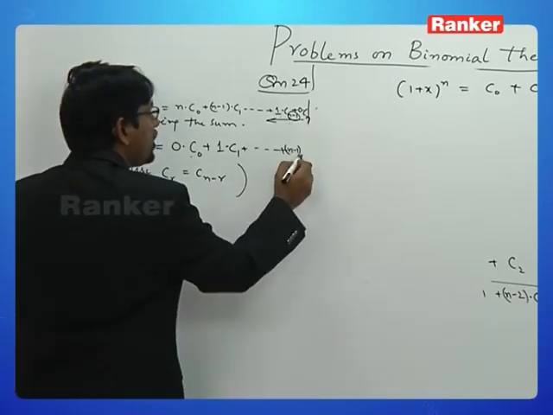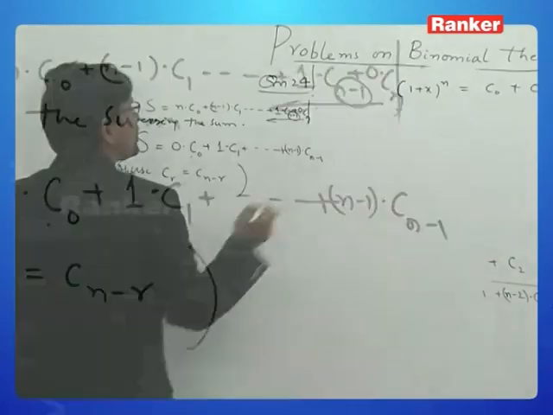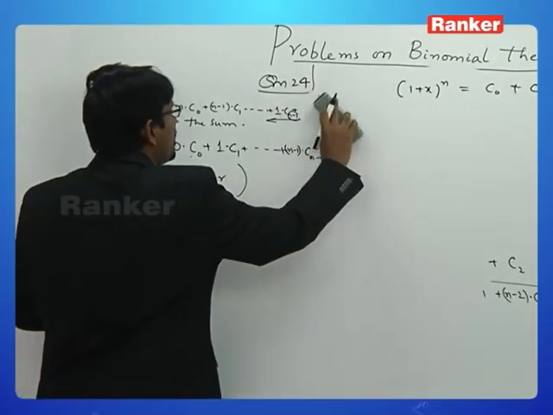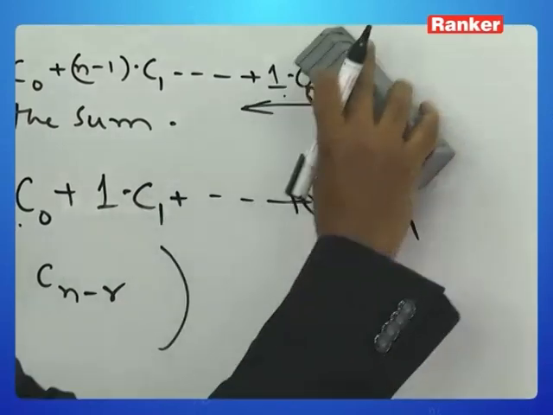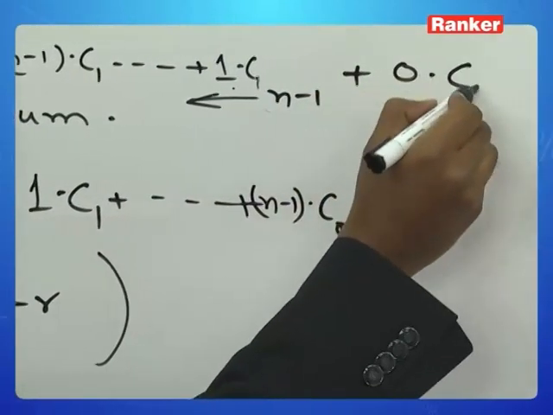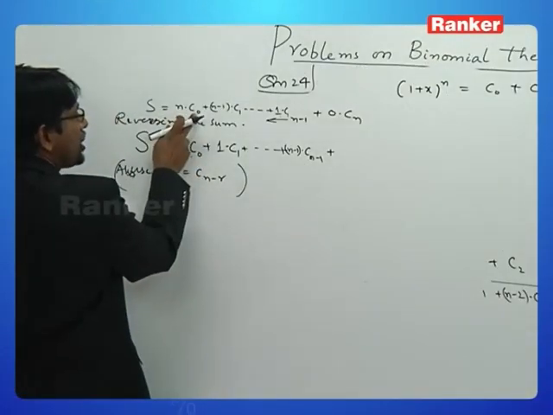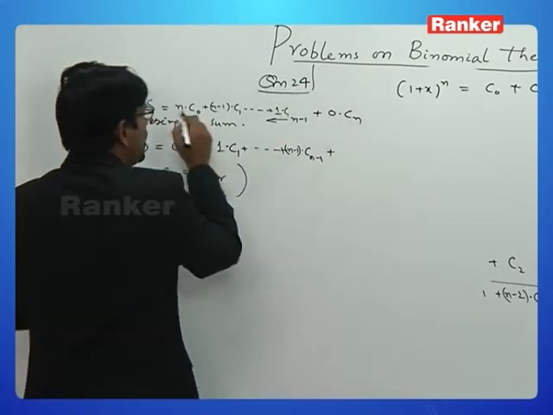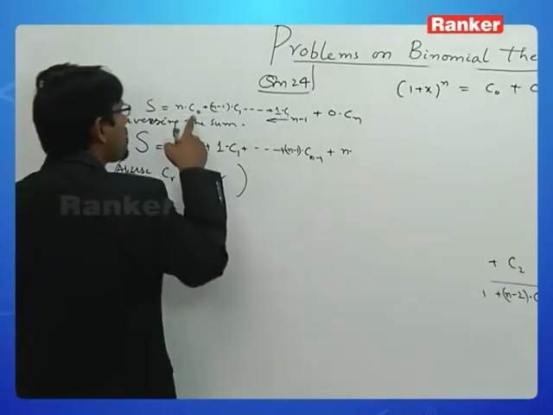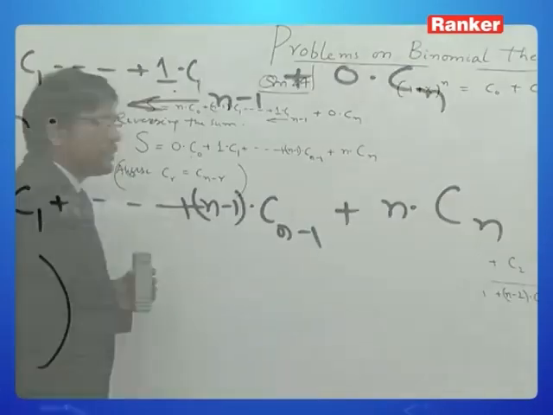So instead of C1, we're going to write it as Cn minus 1. And then here, what you had here was the C0 term, 0 into Cn term we have. We have n into C0, that is the last term, that comes here. And C0 I'm going to replace with Cn.